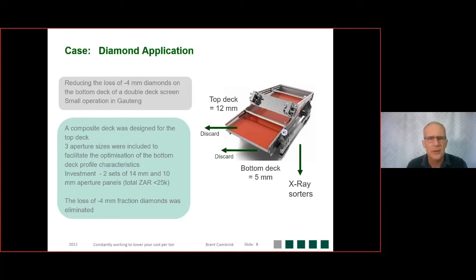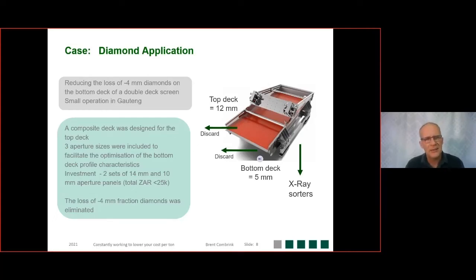And then the third part, the last discharge section, I kept exactly the same aperture. And what that did, it actually took that profile and made it more constant on the bottom deck. And the result of that exercise was that when we made those changes, there was no -4 material in that discard anymore. He was not losing any diamonds anymore.